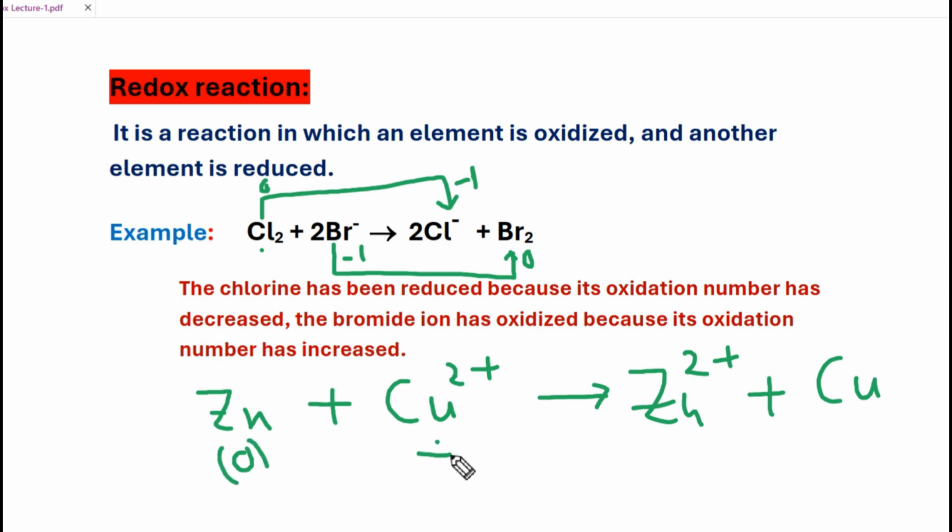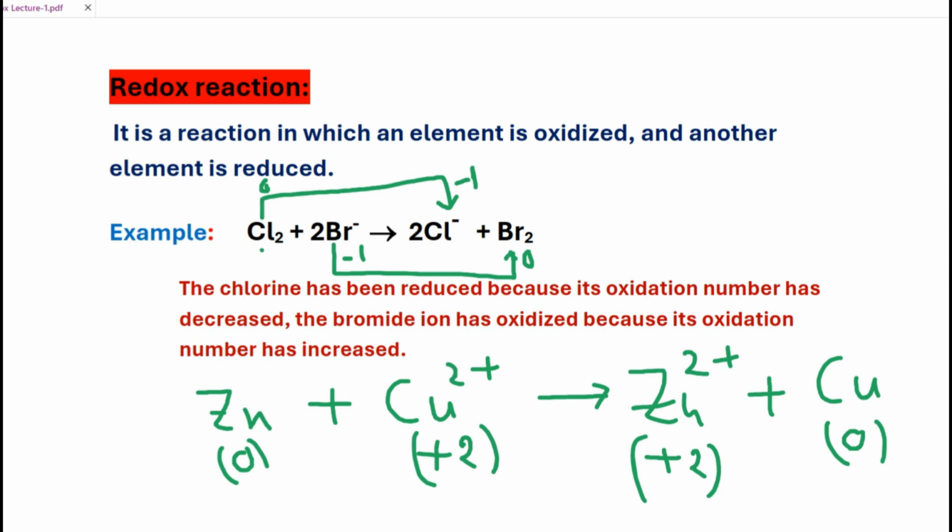Here oxidation number of copper is +2, and oxidation number of zinc here +2. Here oxidation number of copper is 0.